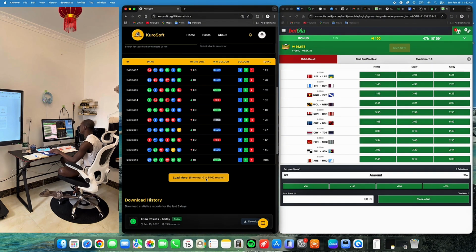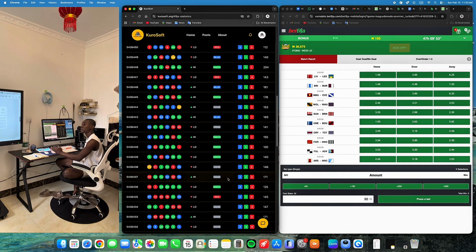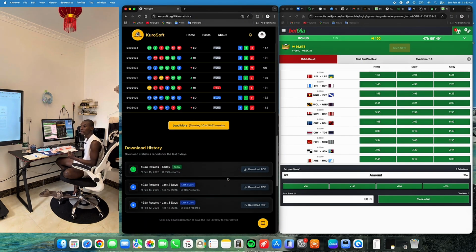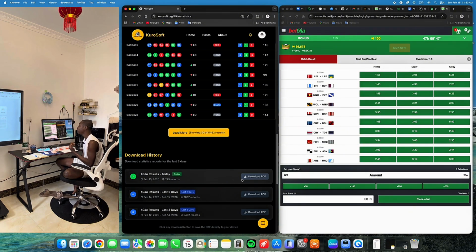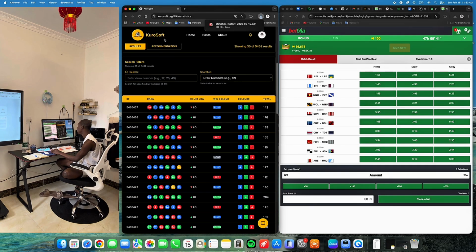Unlike the 49 Bet9ja website that only displays 10 recent draws, this one gives you access to back to 3 days. You can see 5,462 results unfold at just one click. And after every 3 days, it makes available the previous 3 days data for you to download as PDF in a single click.